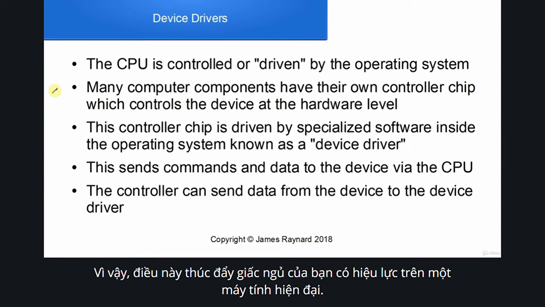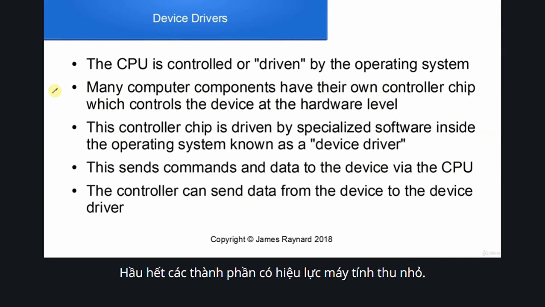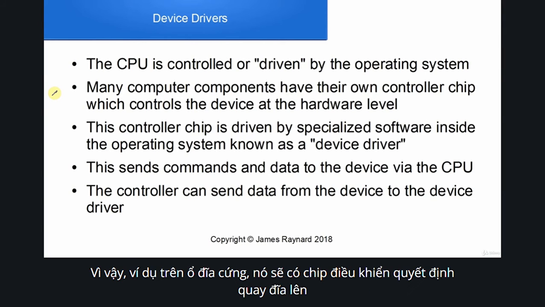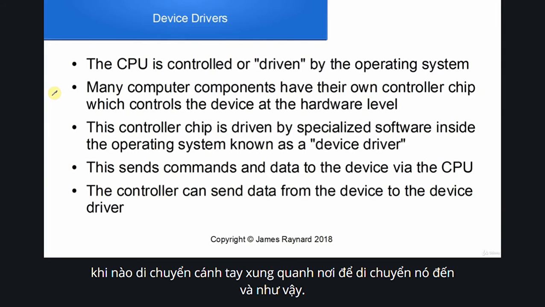On a modern computer, most of the components are in effect miniature computers themselves. So they have a little controller chip which manages the device. For example, the hard disk drive will have a controller chip which decides when to spin the disk up, when to move the arm around, where to move it to, and so on.